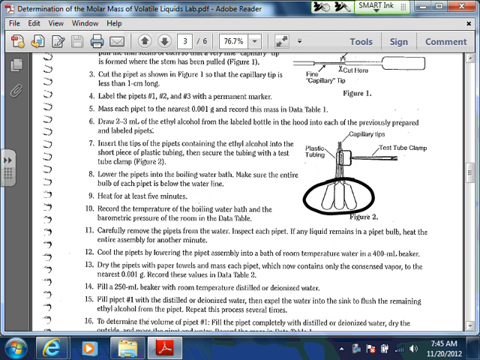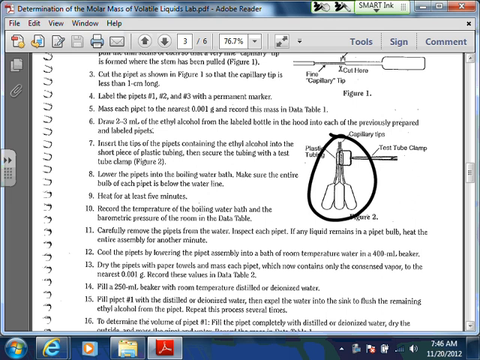And what you're going to do here is you're going to basically take some alcohol and put it in the bottom of each of these, and then you're going to heat them up until it all evaporates. You need to heat it up until there's no liquid left, it's all gas. And then in this entire pipette, and all of these pipettes, you're just going to have gaseous alcohol filling it.